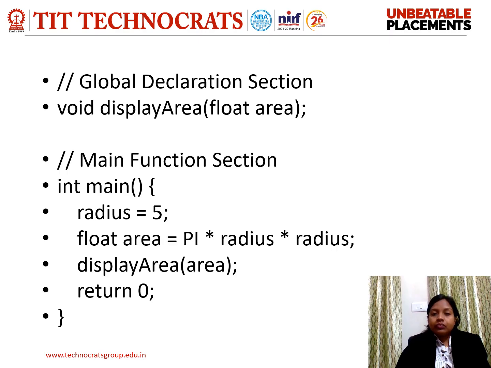Now PI into radius. The PI value we have already defined as 3.14159. In radius we have 5. So it will compute the values.